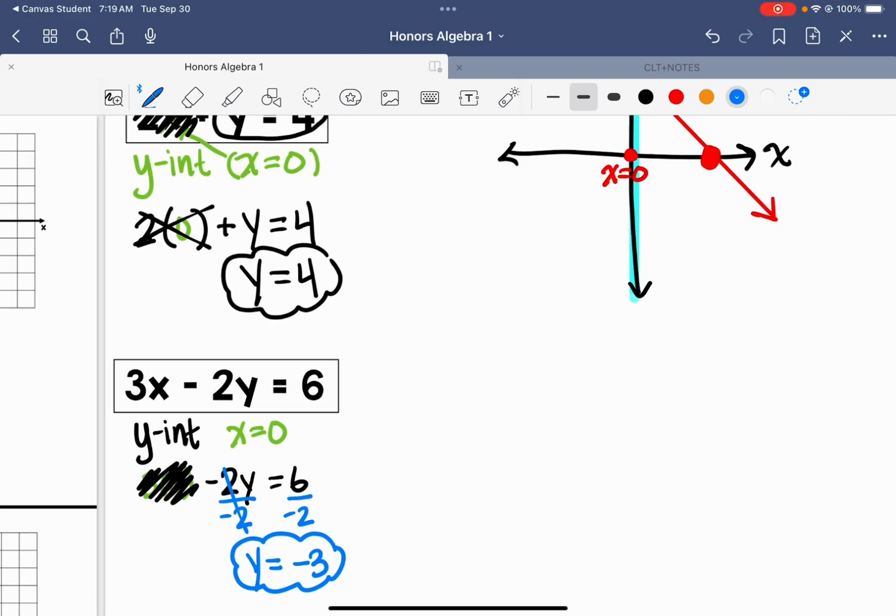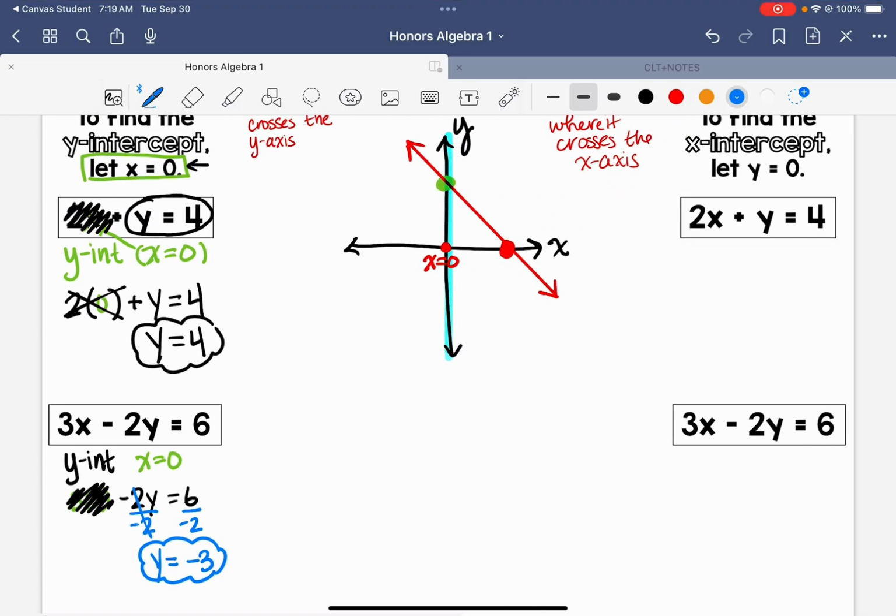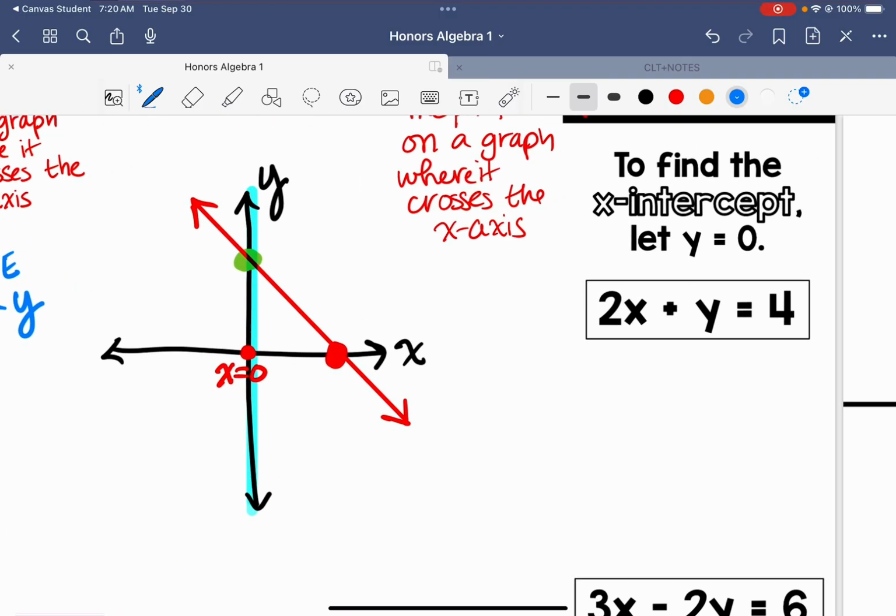So that's how you find the y-intercept. You just set your x equal to 0 and solve for y. It's kind of a vice versa situation for the x-intercept.